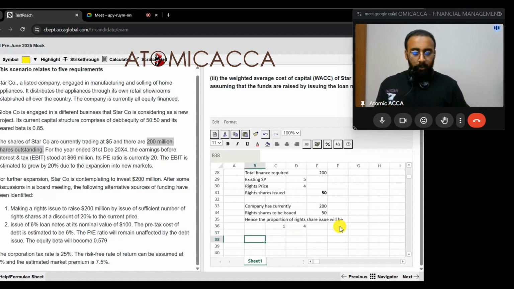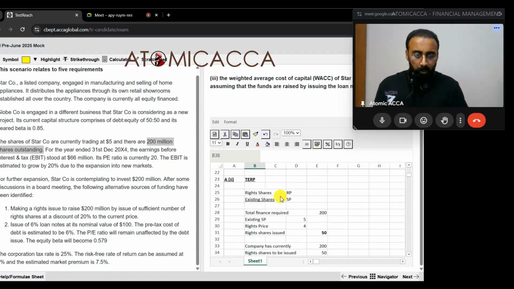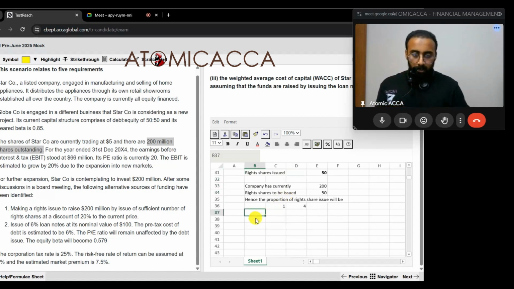Now how are we going to do the calculation? We apply this into our format. One rights share is issued at $4. Four existing shares have an existing market price of $5.